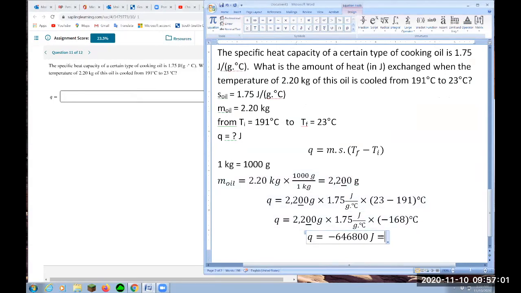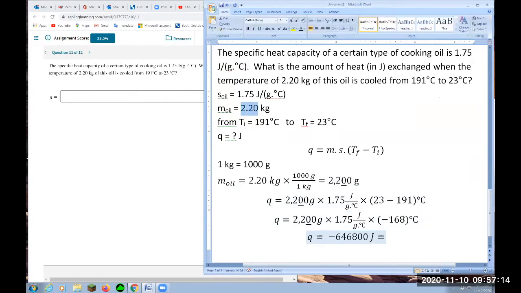So we need to pay attention to significant figures. We have 3 sig figs in the temperature, 3 sig figs in the specific heat capacity, and 3 sig figs in the mass, because we started with 3 sig figs in the kilograms. So we need to keep 3 sig figs. We'll keep the negative 646. What comes after the 6 is an 8, so we need to round the 6 to a 7.